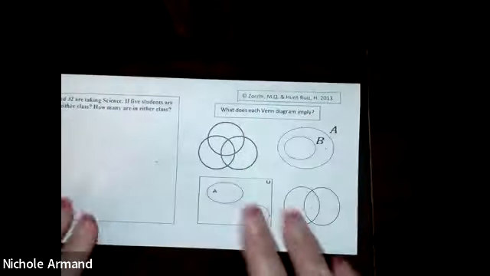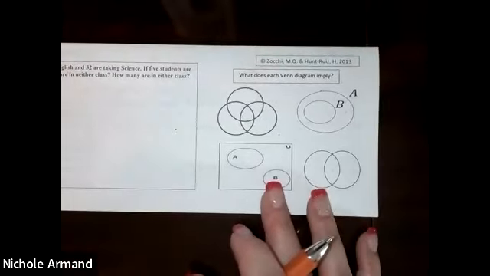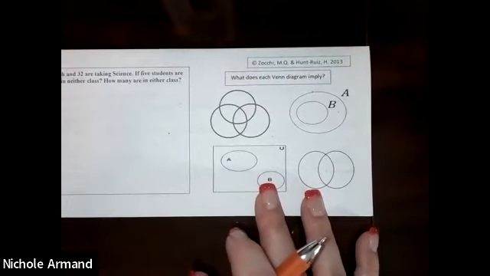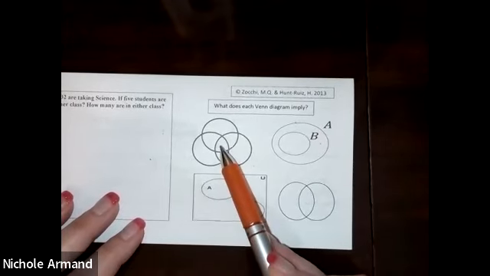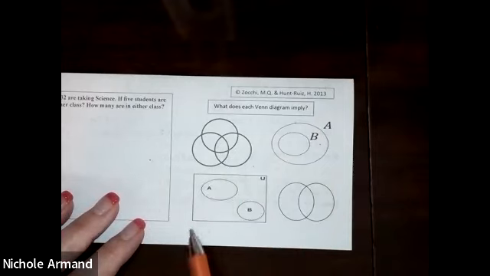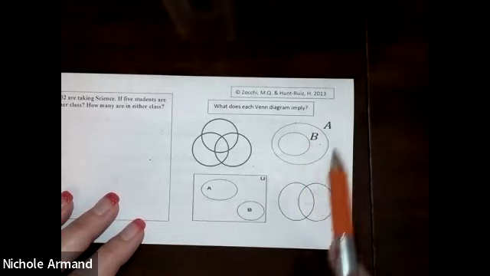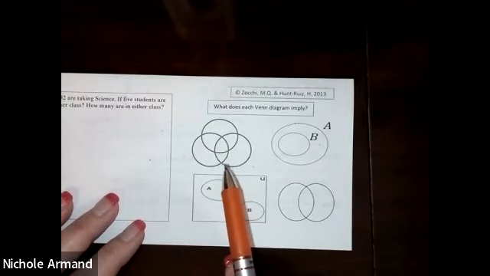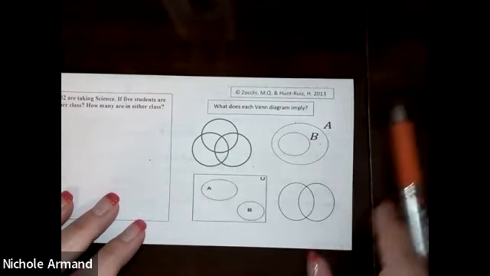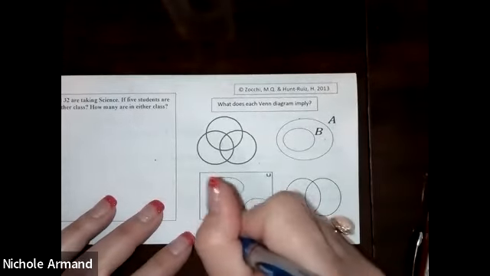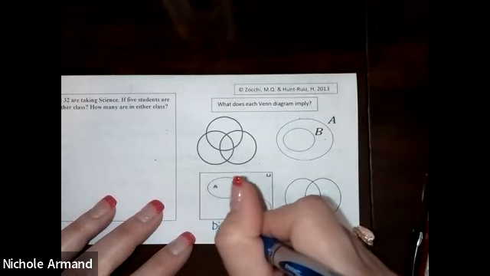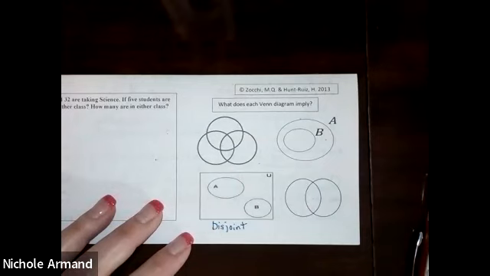Now on the back of this, we have just some little extra things to doodle on here. And if we look at what each of these diagrams of the different ways that the circles are drawn, not all of them have the universe box around them, but I think we could safely say that this one, A and B, is probably representing disjoint.